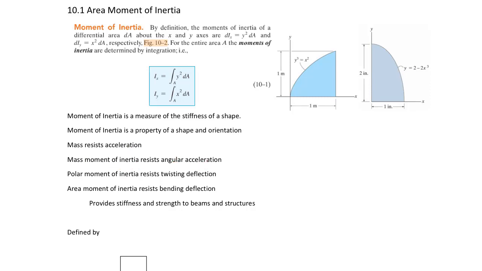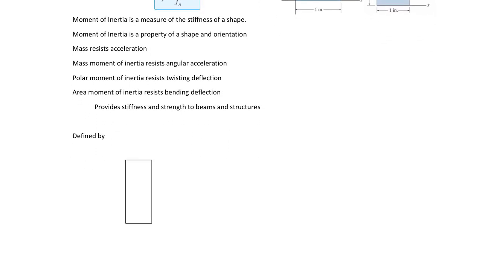Mass moment of inertia resists angular acceleration. Polar moment of inertia resists twisting deflection, which we're going to talk about in mechanics of materials, and the area moment of inertia resists bending deflection. Again, we'll visit much more about that in mechanics of materials, but you should know that it provides stiffness and strength to beams and structures.